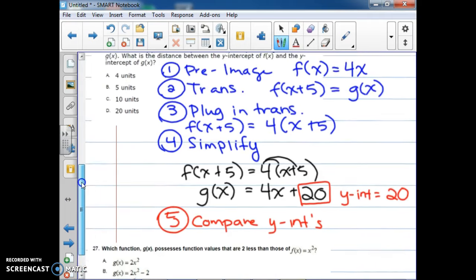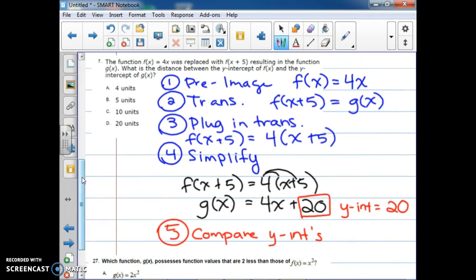Now, what is the y-intercept of f of x? It is 0, because you don't have a plus or minus number here. Okay, so you have to assume it is 0. Alright, so what is the distance between 0 and 20? It is 20 units.